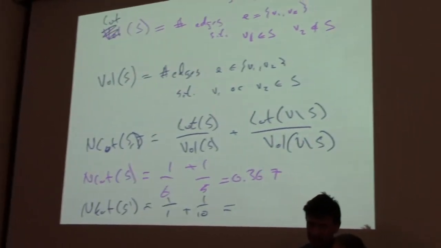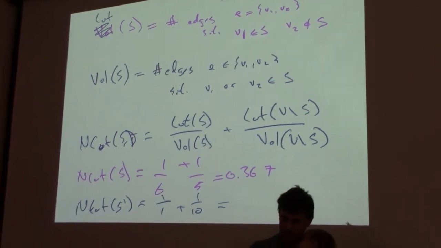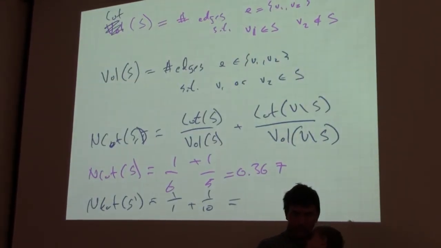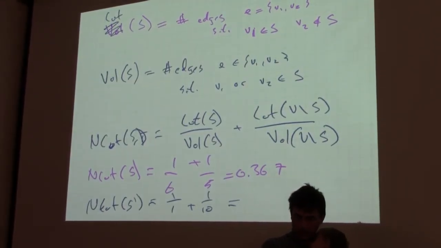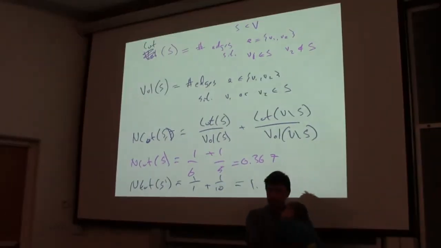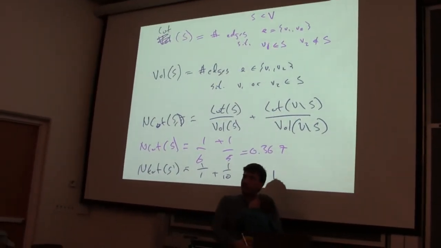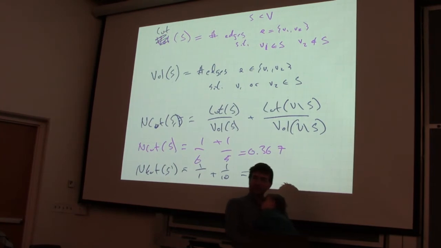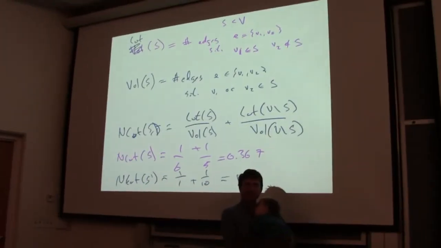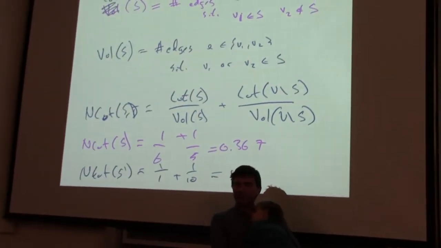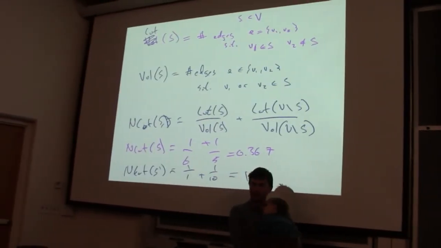Okay, so that is roughly 1.1, right? So the normalized cut of S is much smaller, right? And this is what tells us it's the right cut. And if you check all other ways of doing it, this is going to be the best way to do it, like I showed you.